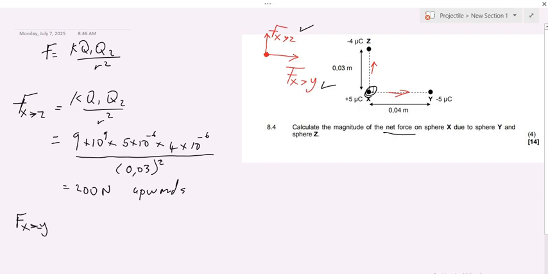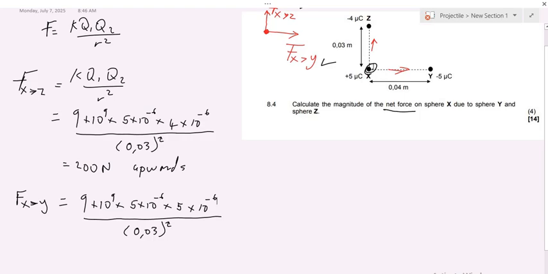y. Okay, we can simply copy this thing. Alright, now charge 1 is 5, charge 2 is 5. Remember, we don't put the signs here. We see that our y is negative, but when we substitute, our y is positive. These signs we don't put in, we just deal with the numbers only.